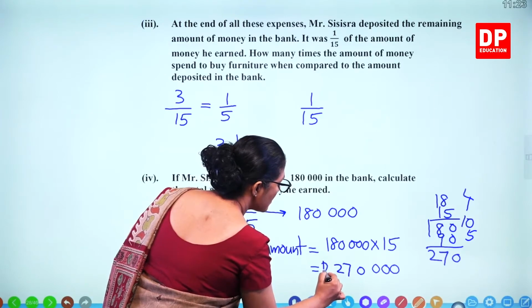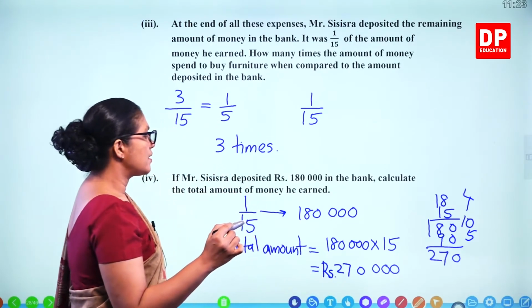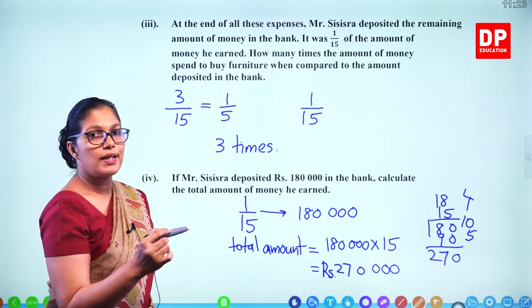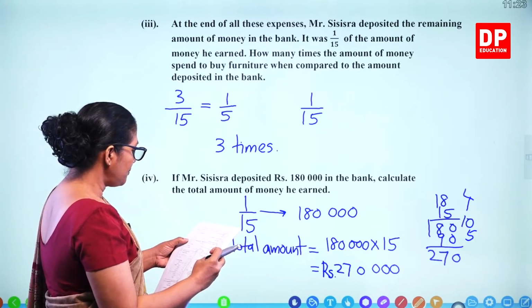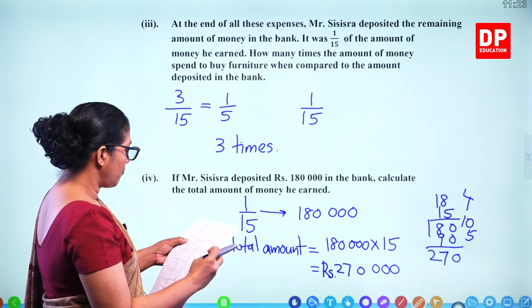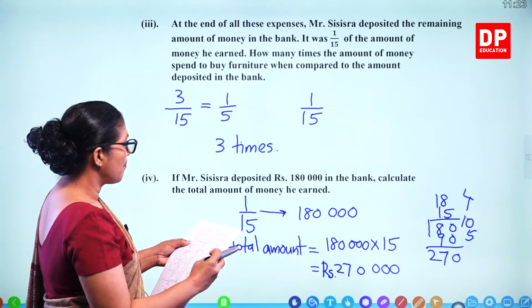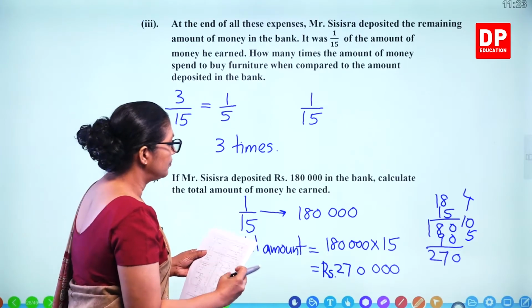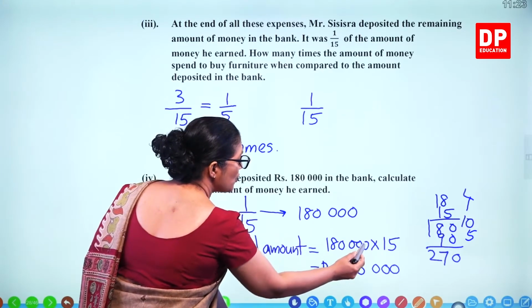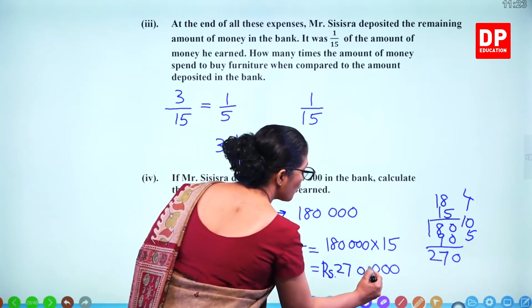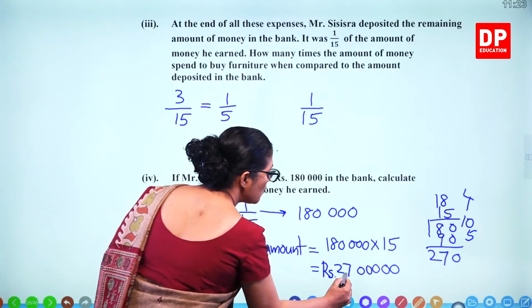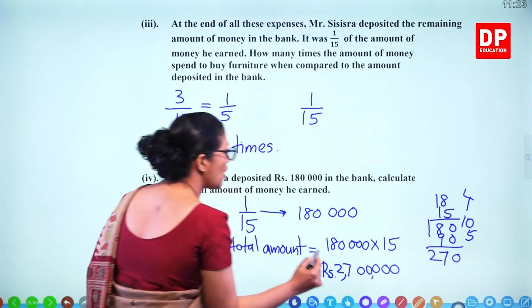So 270,000 rupees is the total amount. So let's see the marks. Here we need to put another 0. We forgot to put another 0. So that means 2,700,000 rupees.